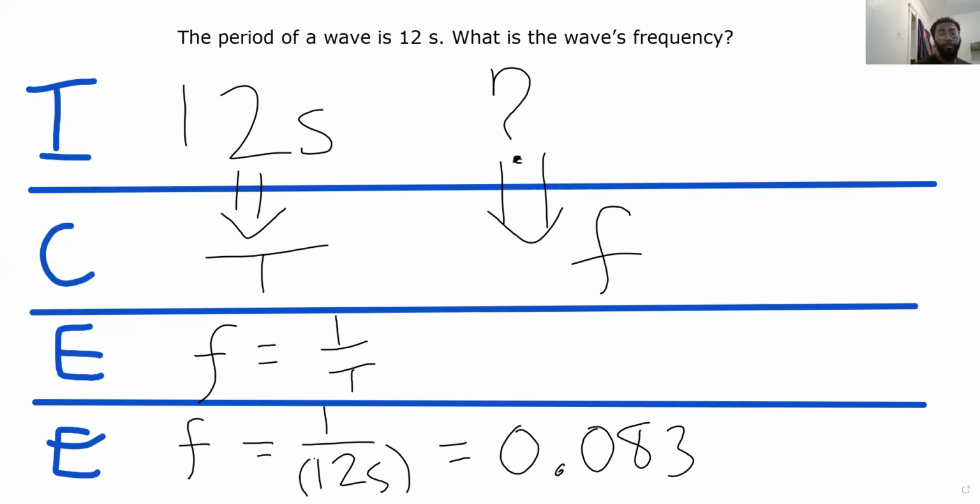Now we're looking for our units. Right now, we don't have any units in the numerator. We just have an S in the denominator, S per second. So we're going to put our line and put our S right there. Remember, as we've discussed in some of the other videos, when we're dealing with waves and we see that empty space above the S, that's telling us waves per second.